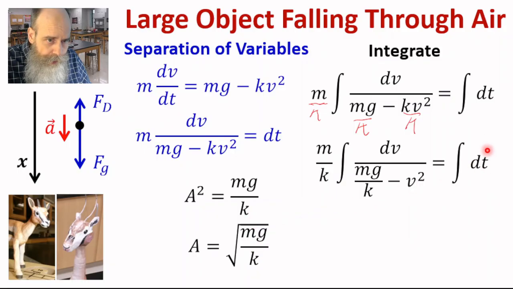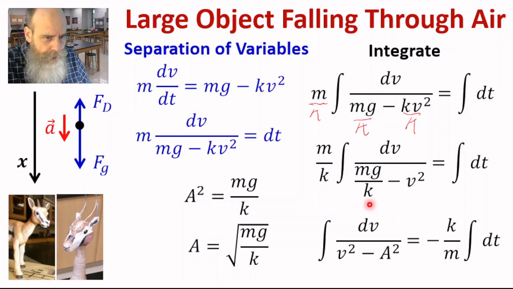This integral on the right is very easy to solve. It's just t. This one on the left, one way is to use trigonometric substitution. I can write it like this, by the way. I multiply by negative k over m, so I get negative k over m here. Here I have v squared over a. Up here was a squared minus v squared. But I multiply by negative 1, so now it's v squared minus a squared.